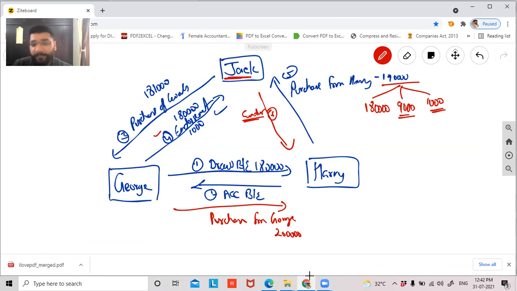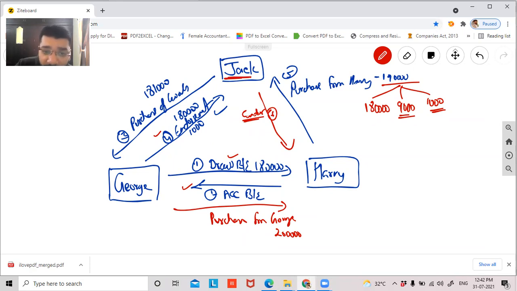Now tell me one thing. Georgie has drawn a bill of exchange of 180 on Harry, and Harry has accepted it. So can I say Harry has to pay this 180 to Georgie? Georgie has drawn a bill of 180 on Harry, he's accepted it and given it back.